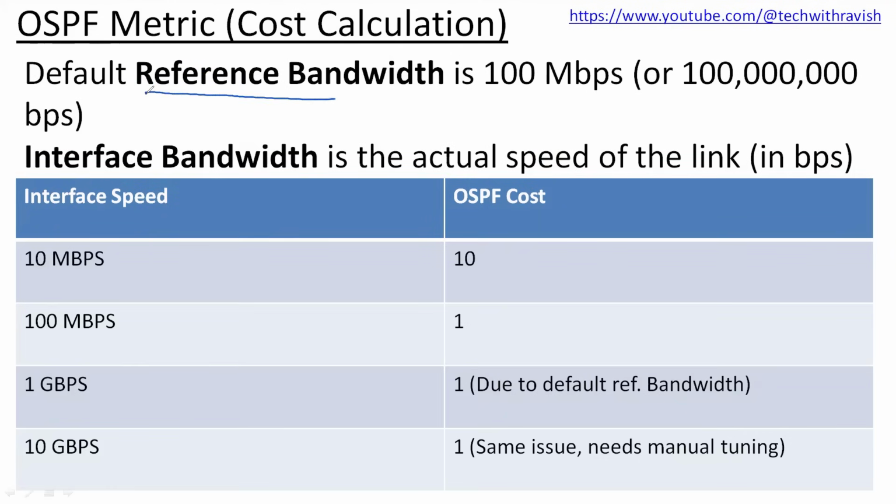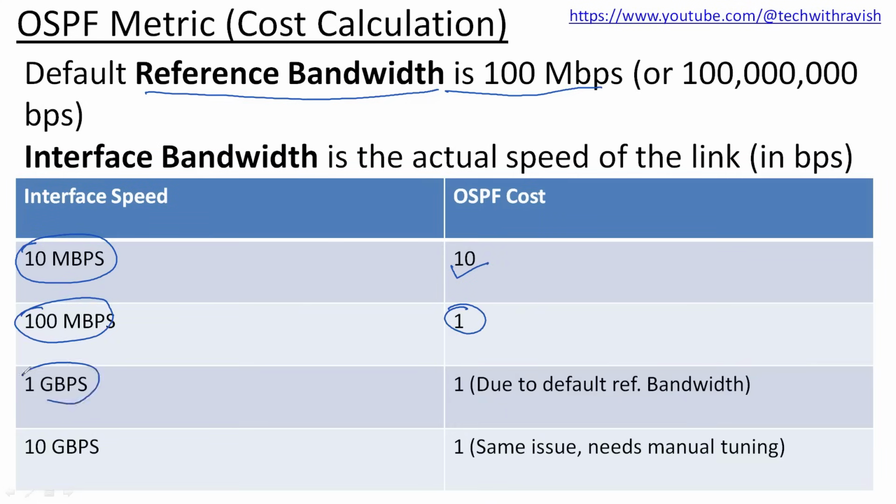The default reference bandwidth is 100 Mbps. According to the 100 Mbps reference, if an interface bandwidth is 10 Mbps, then the path cost will be 10. If it is a 100 Mbps link, the path cost will be 1.